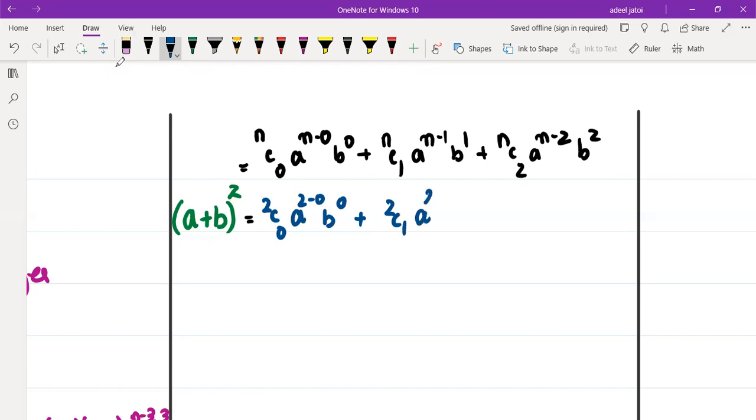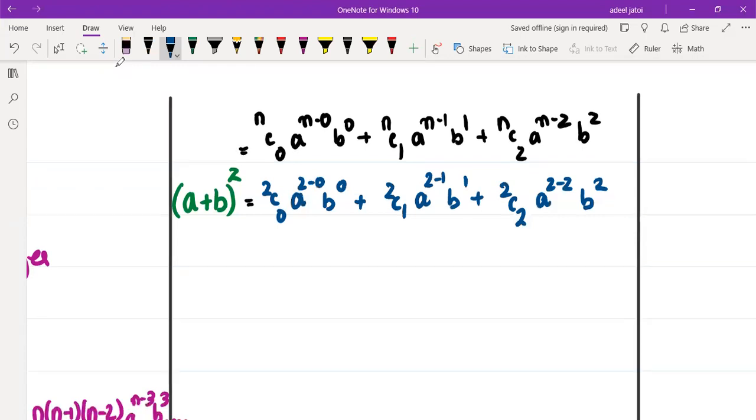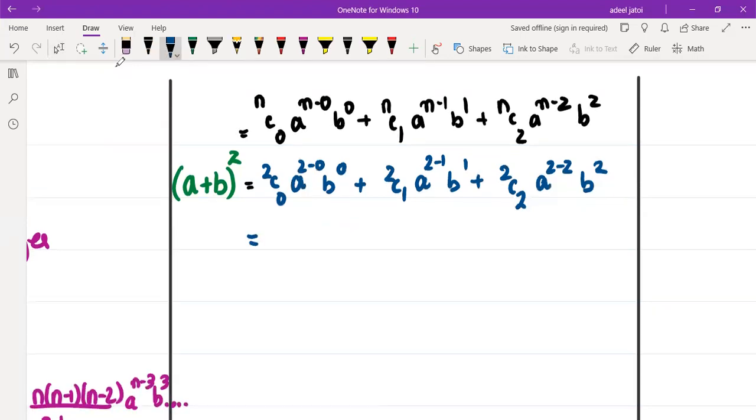A is a, but this should be 2 minus 1, and this will be b to the power 1, plus 2C2 a to the power 2 minus 2, b to the power 2. If I solve this, 2C0 will become 1.